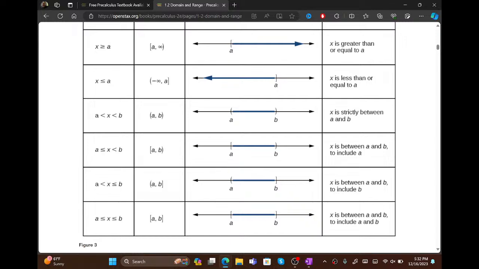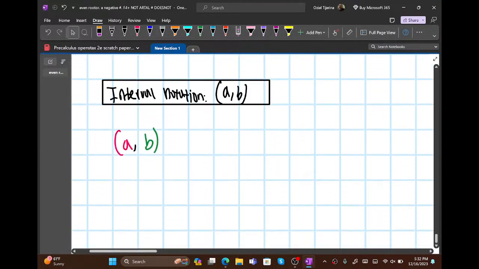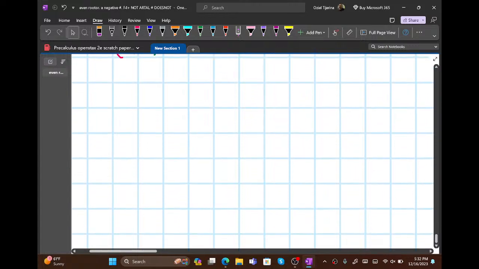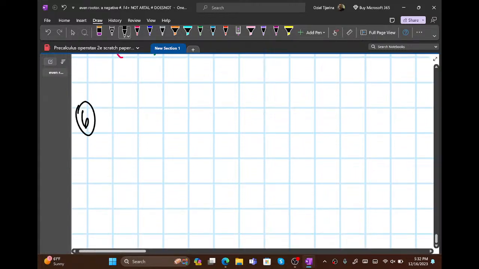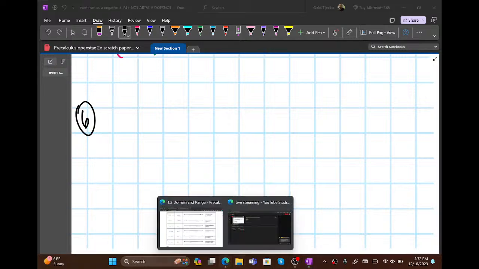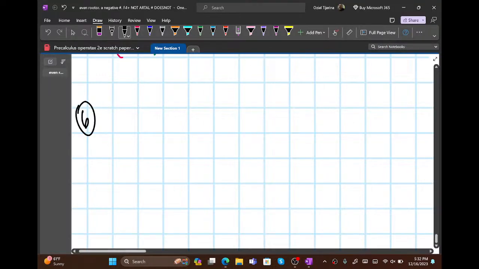All right, the next one. Now the next one is number 6. This one, we're going to do a less than or equal to x less than b.